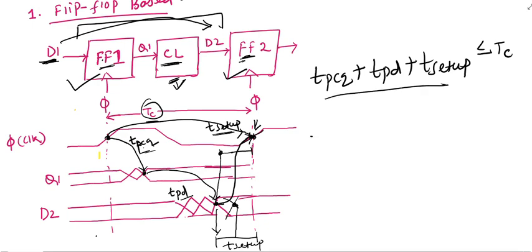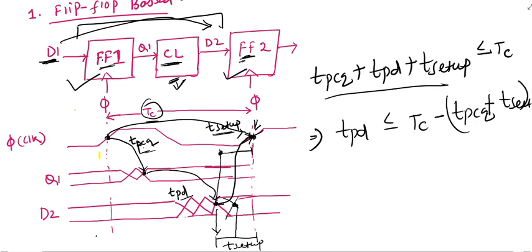So TPD must be less than TC minus TPCQ minus T setup. This is the maximum delay that can be given to a combinational logic without an error at the output.